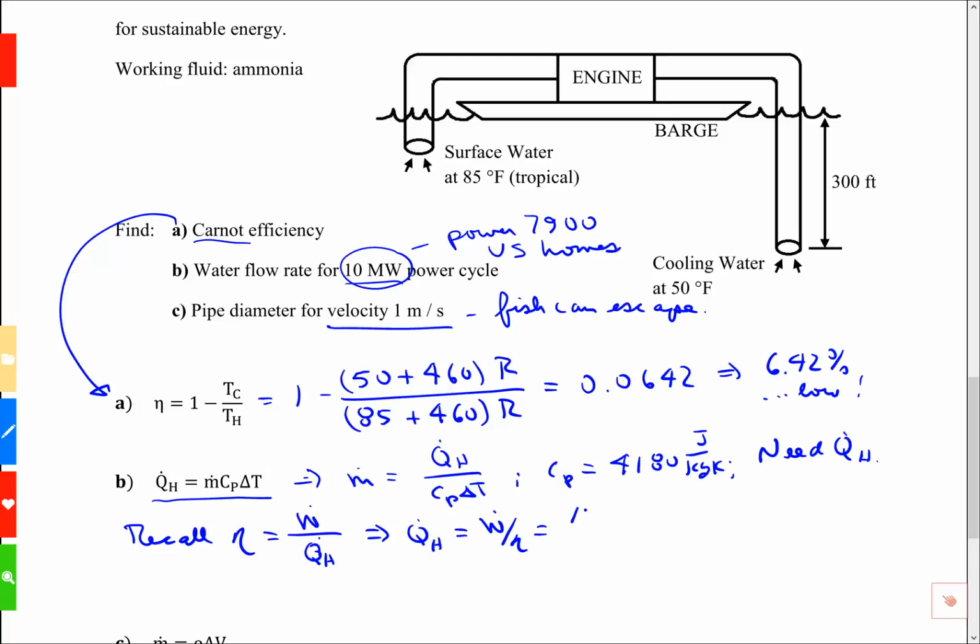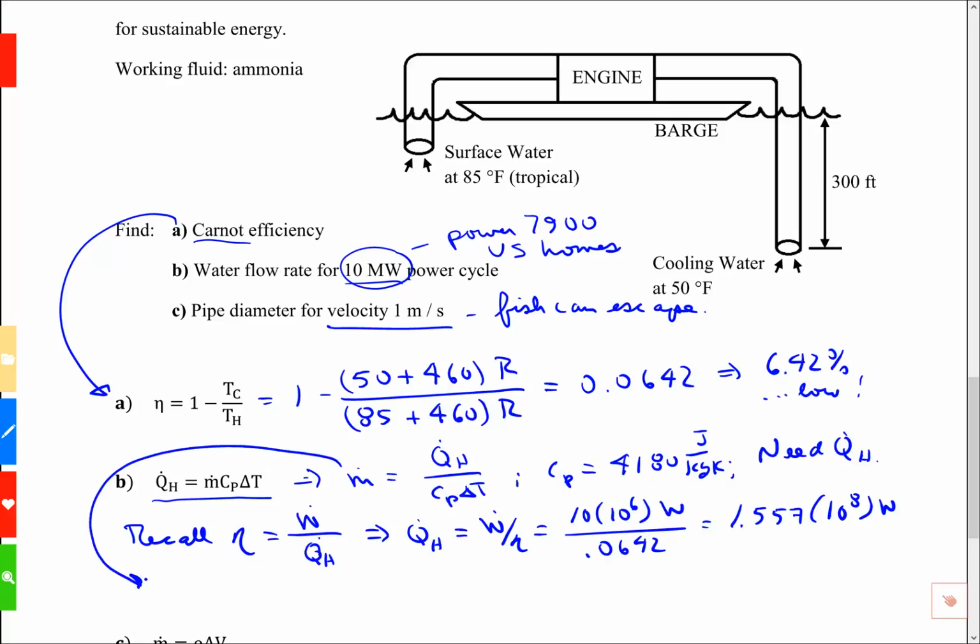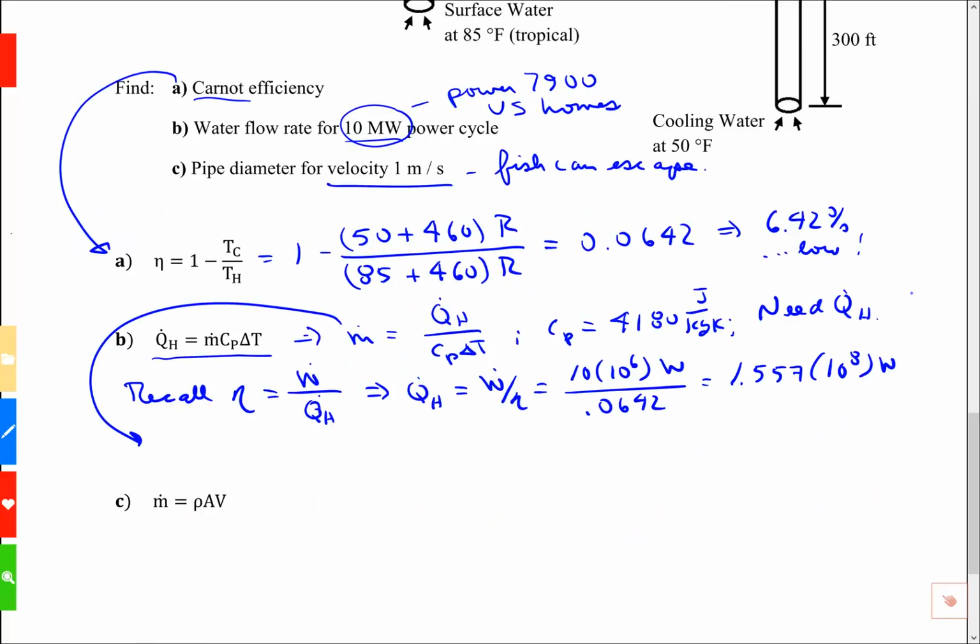The power is 10 times 10 to the 6th watts, that's 10 megawatts, divided by 0.0642, so that pushes the heat way up, 1.557 times 10 to the 8th watts. Very large number.